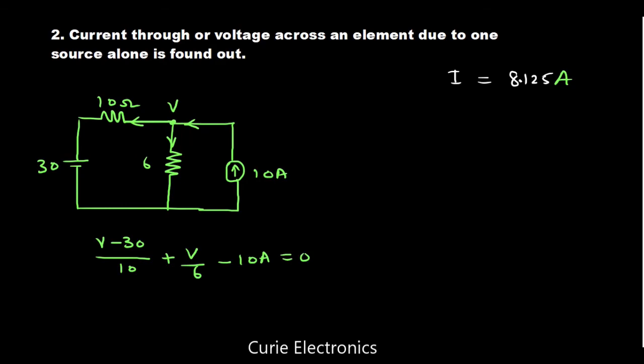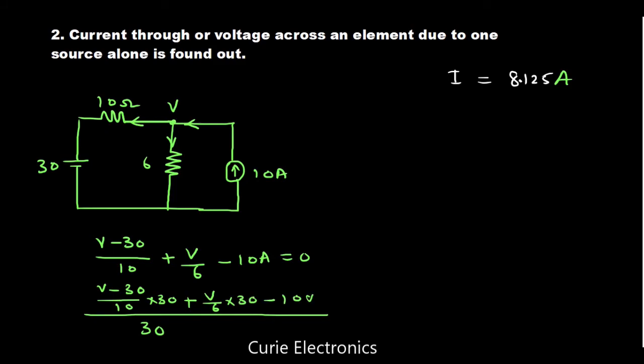I am not explaining, just verifying whether we get the same value. The LCM is 30, so (V minus 30) upon 10 multiplied by 30, plus V upon 6 multiplied by 30, minus 10 multiplied by 30 equals 0.